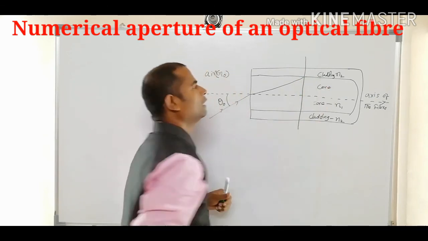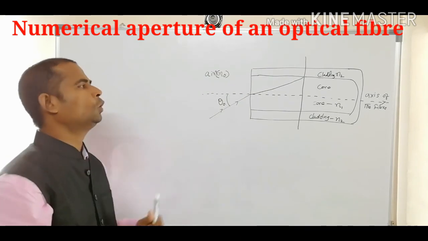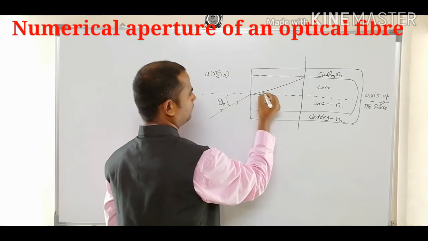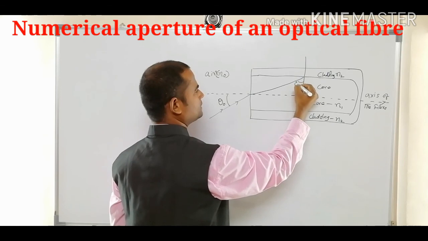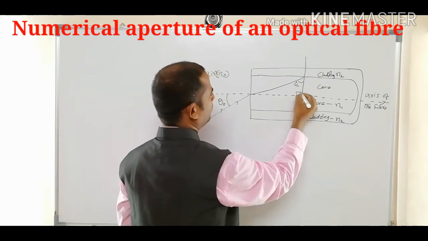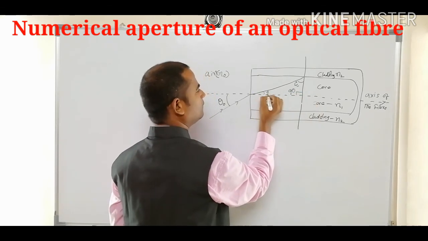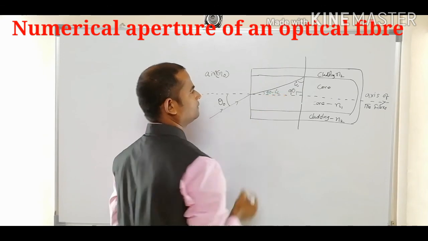The green line here is indicating the interface of core and cladding. Let's say this angle is IC, and this angle would be 90, and this angle will be 90 minus IC.